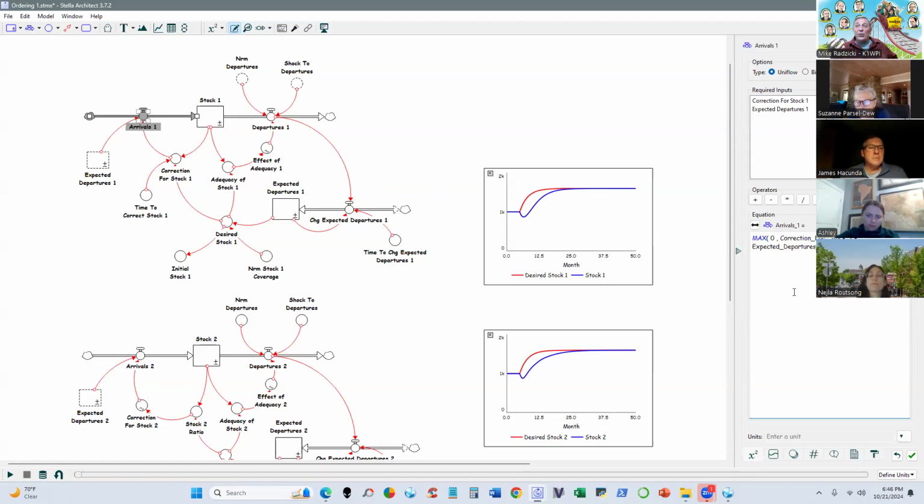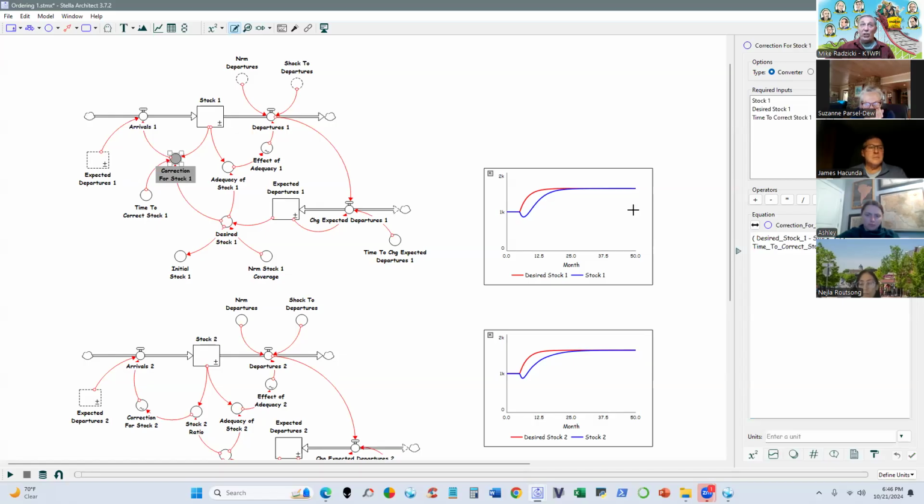If the correction for the stock was a big negative number, so you had way more in the stock than you want, then if stock 1 is way bigger than desired stock 1, this numerator will be a giant negative number.